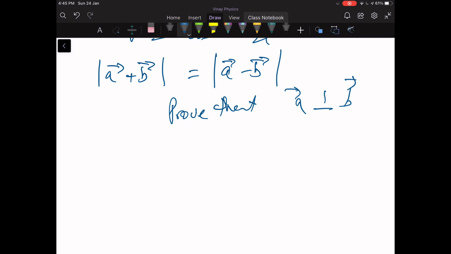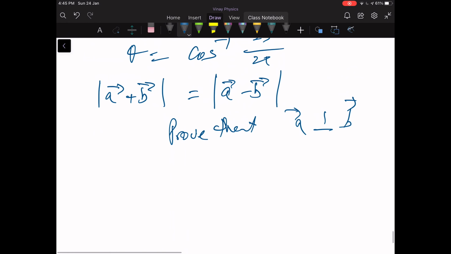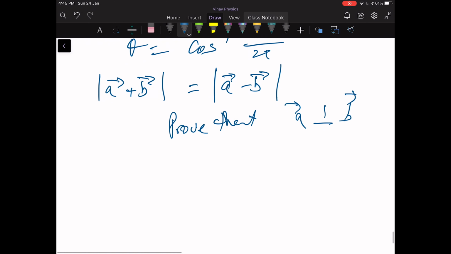Now, we know that the dot product of perpendicular vectors is 0.